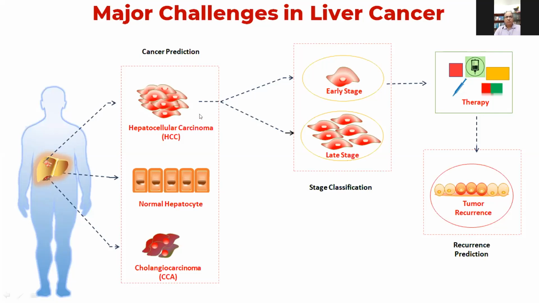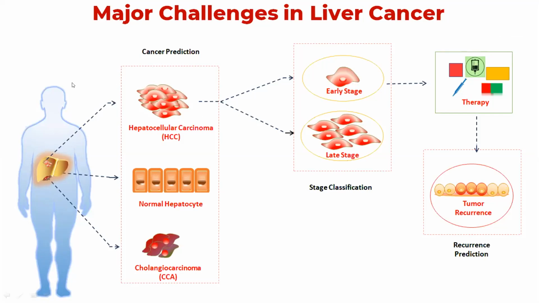Once we observed that, the first problem is inaccurate cancer diagnosis or cancer prediction. We observed that hepatocellular carcinoma, that is HCC, is one of the major forms of liver cancer, where the cancer is derived from the hepatocyte.